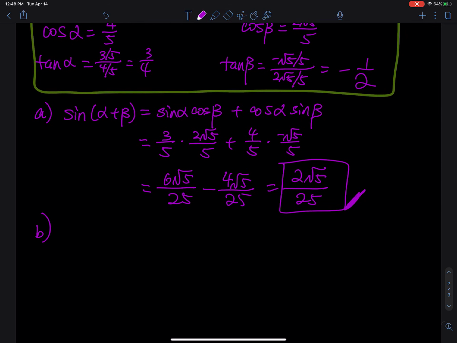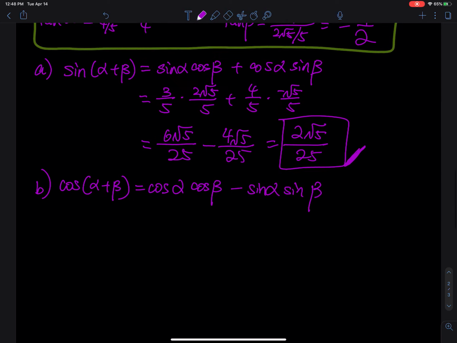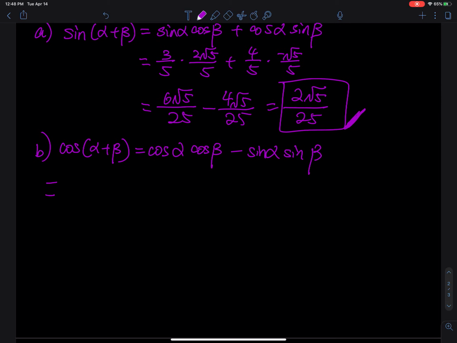For part B, you have cosine of alpha plus beta, which equals cosine alpha cosine beta minus sine of alpha sine beta. And then you have 4 over 5 times 2 root 5 divided by 5 minus 3 over 5 times negative root 5 over 5.